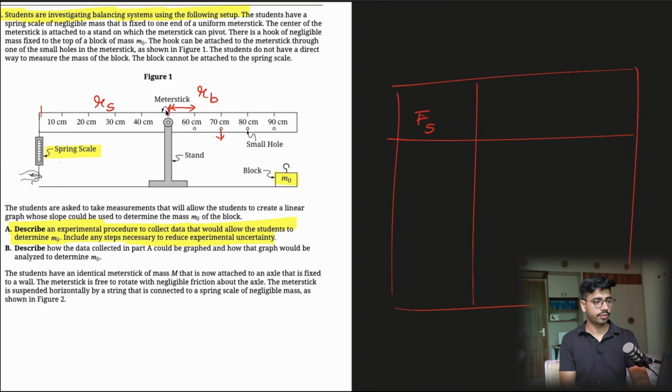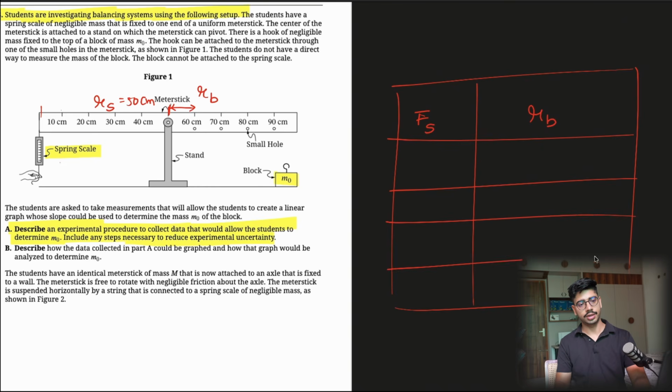I had to measure RS. This is 50 centimeters only. Remember, you have to convert it to meters. Every time we are going to put the M naught mass at different positions, so this is the length, the RB value, that I'm going to measure. This is the table that I have to make. So let me upload it.